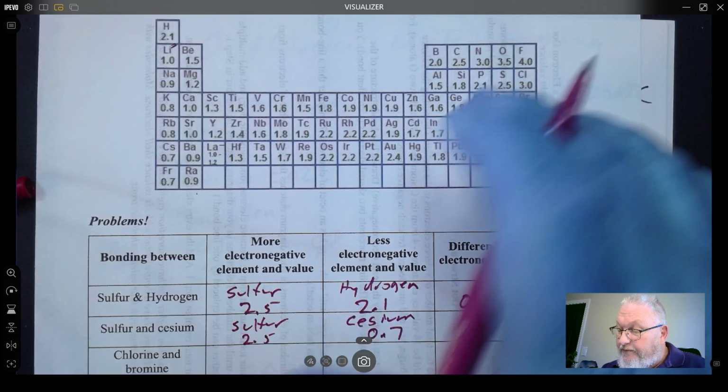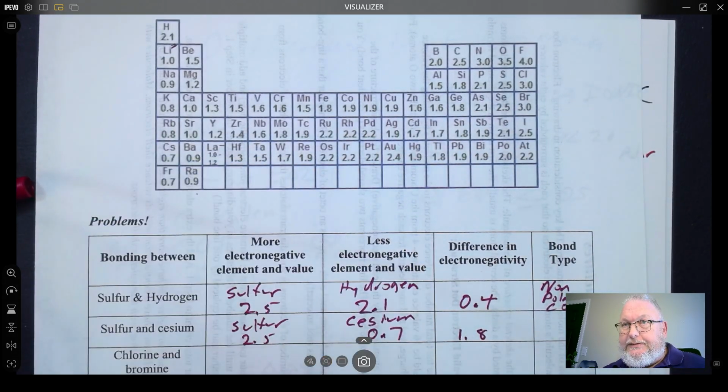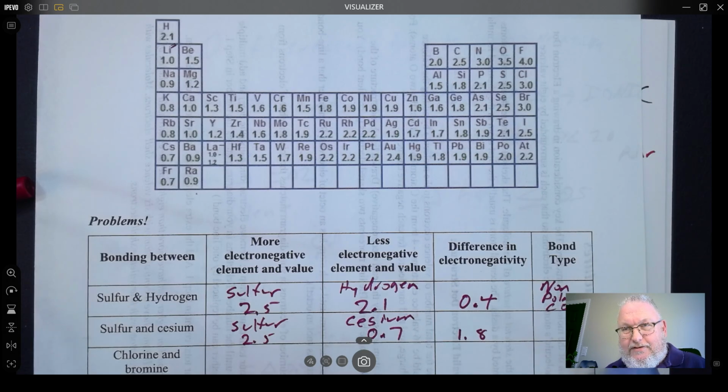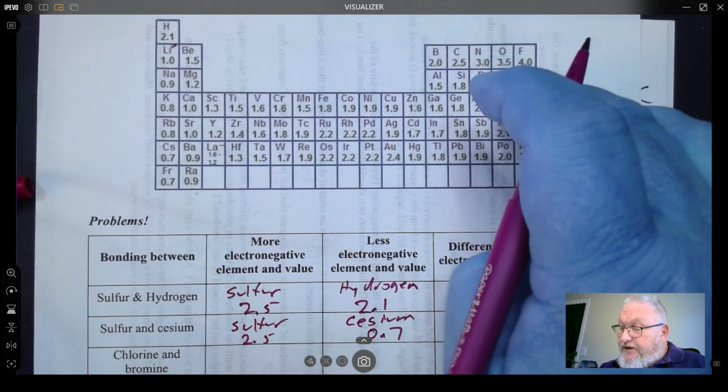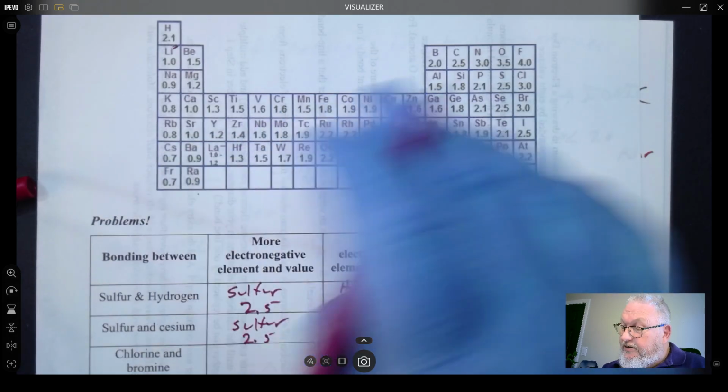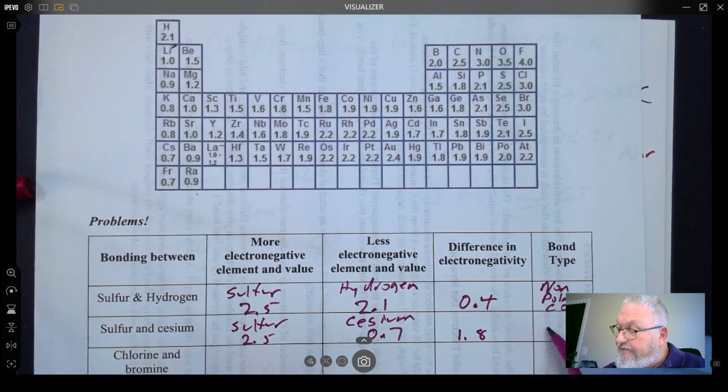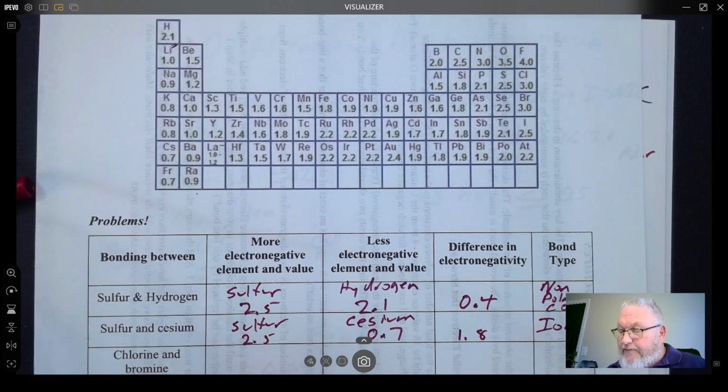Sulfur is a nonmetal. Cesium is a metal. Well, by definition, this is where we get a little crossover. This would either be a polar covalent or an ionic bond. If it's got two nonmetals, we call it polar covalent; with a metal and a nonmetal, we're going to call it an ionic bond. Sulfur's here, cesium is here, so I'm going to call this an ionic bond because it has a metal and a nonmetal. And I'll be okay with that.